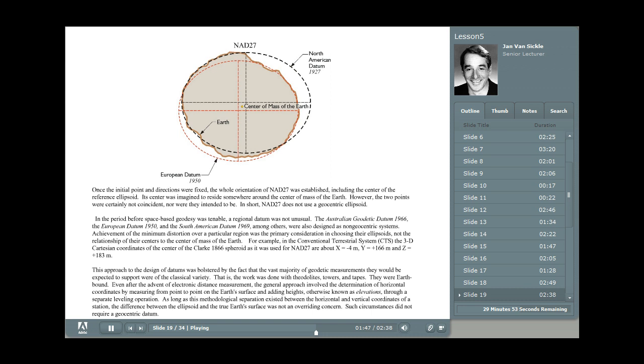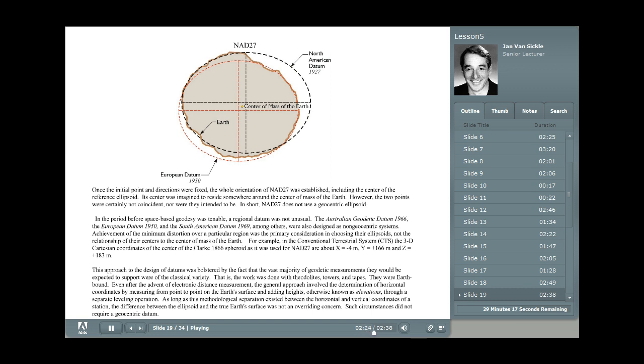The idea that a datum is geocentric was of little concern when the measurements upon which it was based were optical, were terrestrial, were done on the surface of the Earth. And even after the advent of electronic distance measuring, the general approach involved the determination of horizontal coordinates by measuring from point to point on the Earth, and then adding heights, otherwise known as elevations, through a separate spirit leveling process.